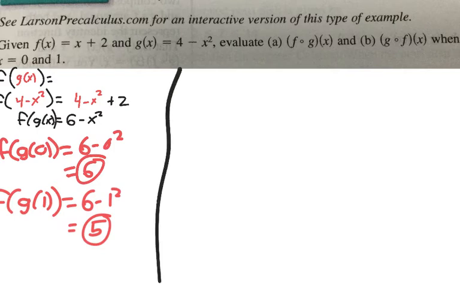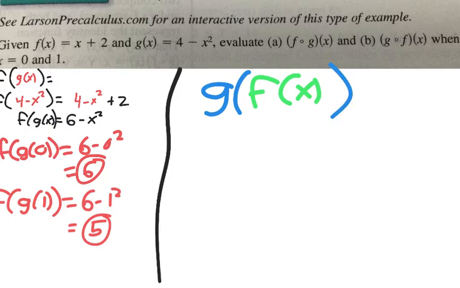Now let's go the other way. Let's find g of f of x. To do it this way, that's going to be g of x plus 2.